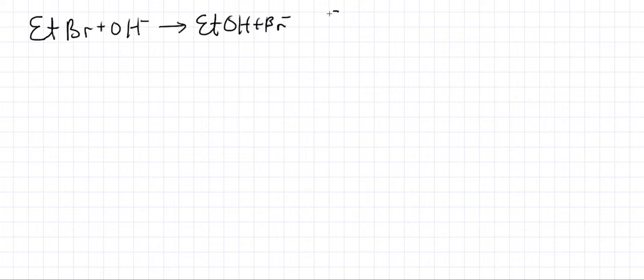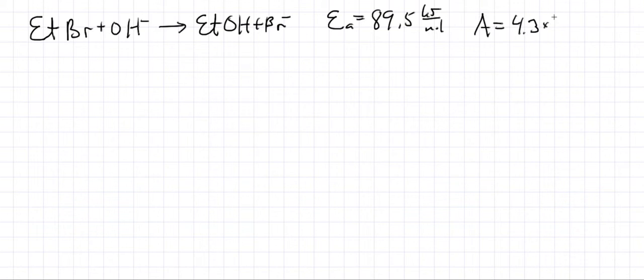If you look up the Arrhenius expression for this, we see that the activation energy is 8.9 kilojoules per mole, and the Arrhenius pre-exponential factor is equal to 4.3 times 10 to the 11th reciprocal seconds reciprocal molarity.